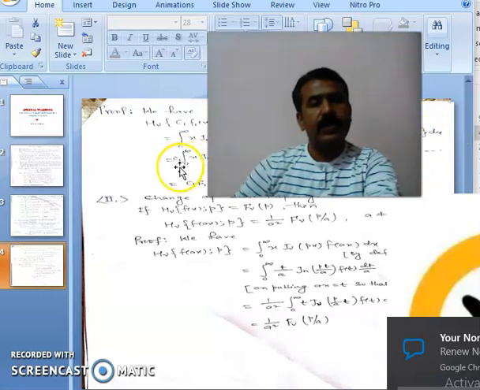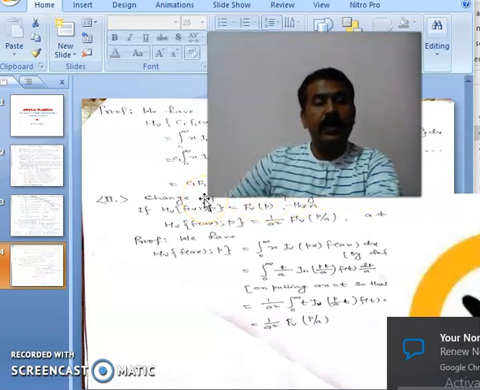Now c1 should be outside the integral from 0 to infinity of x Jv(px) f1(x) dx, plus c2 times the integral of x Jv(px) f2(x) dx, plus dot dot dot up to cn. So what it becomes: c1 times the integral from 0 to infinity of x Jv(px) f1(x) dx becomes F1(p), similarly it becomes F2(p), plus dot dot dot cn Fn(p).